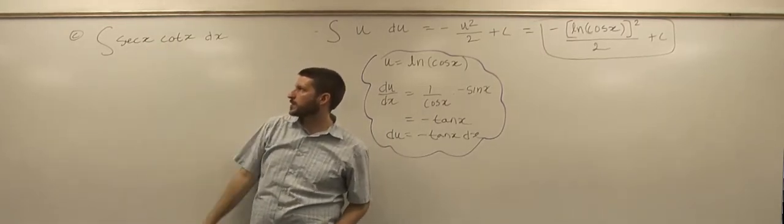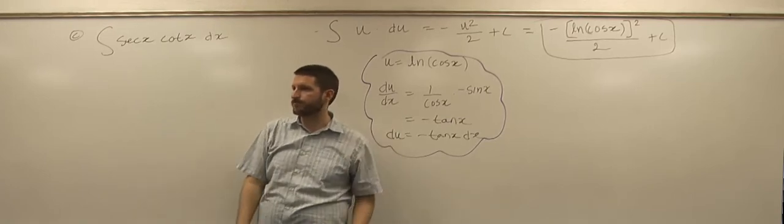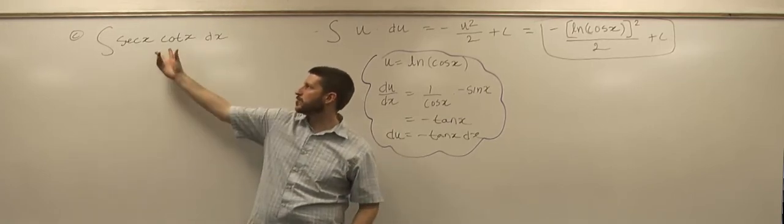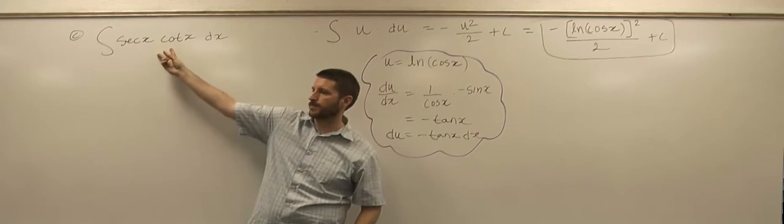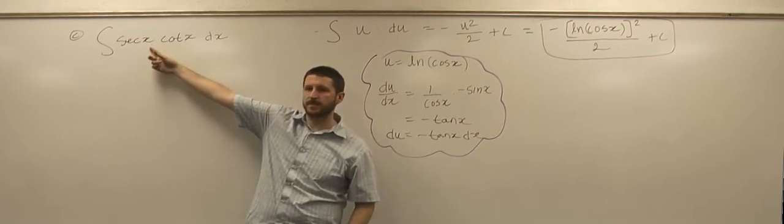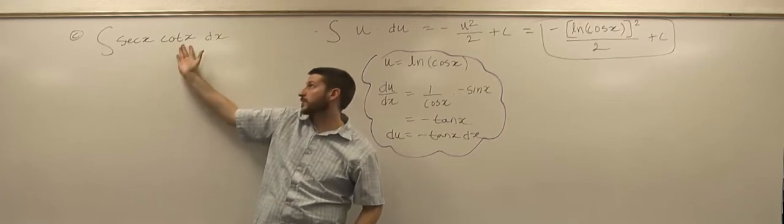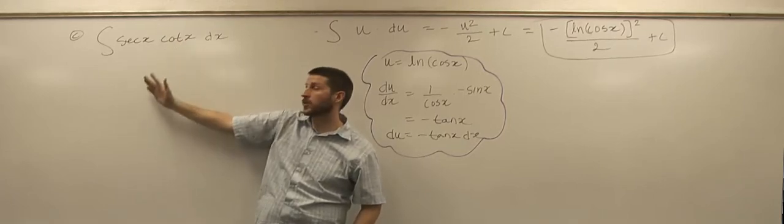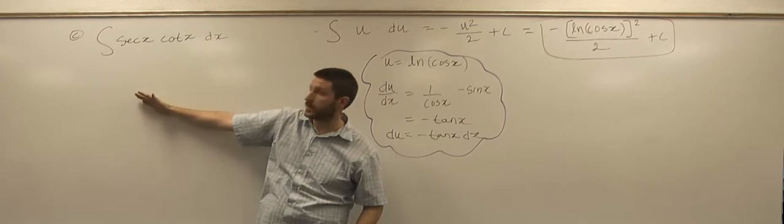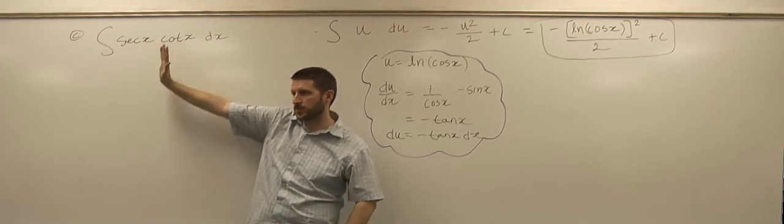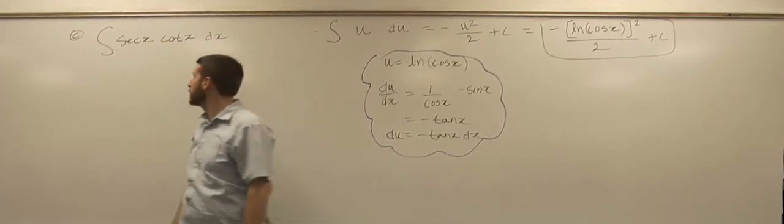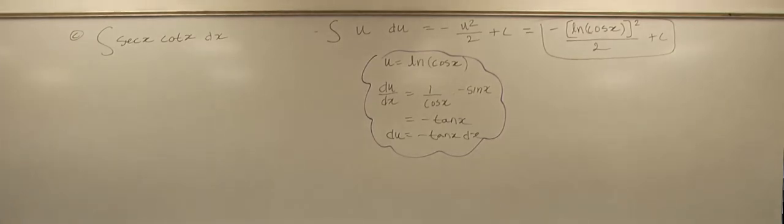All we know is a bunch of formulas and u substitution. Is u substitution going to work here, you think? What's the derivative of secant? Secant tangent. Well, that ain't cotangent. What's the derivative of cotangent? Negative cosecant squared. That ain't secant. So u substitution isn't really getting me anywhere, at least not at first.